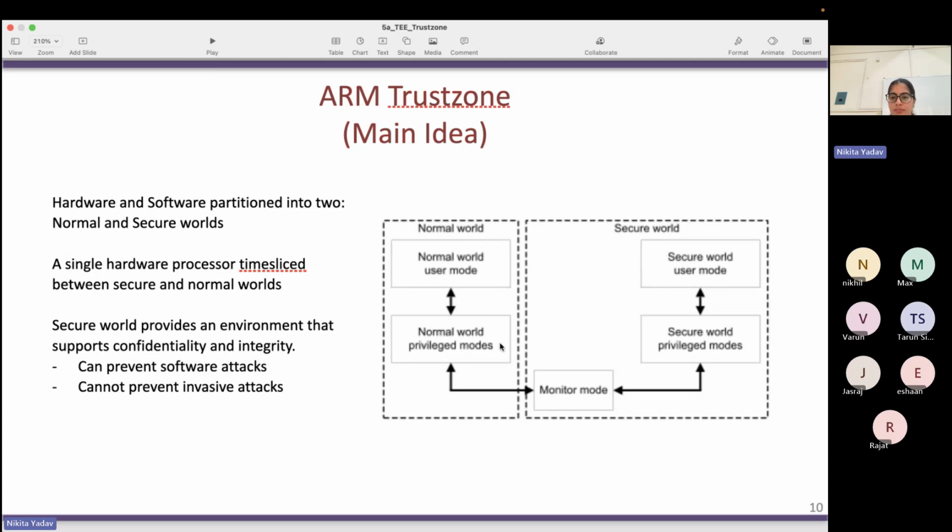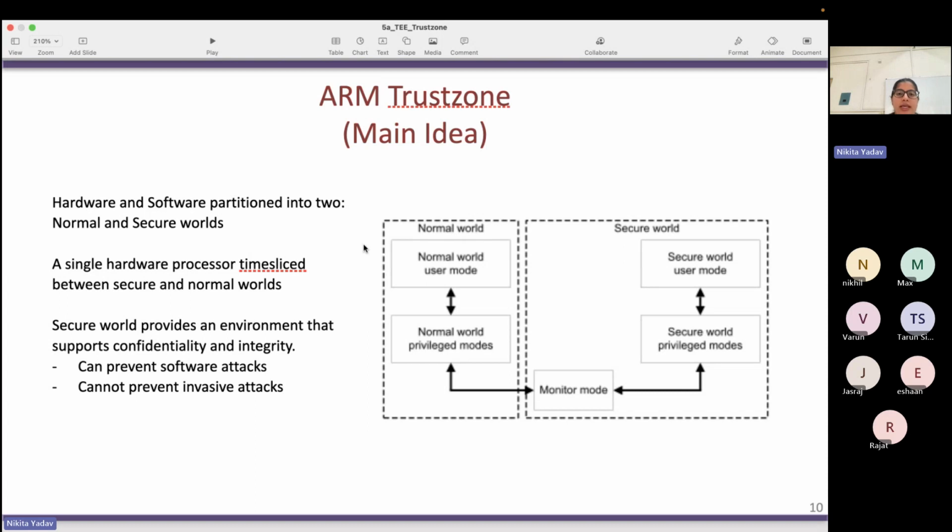It cannot even hijack the control flow of this application, or do any attack on this side. So that's the guarantee which ARM TrustZone is providing.